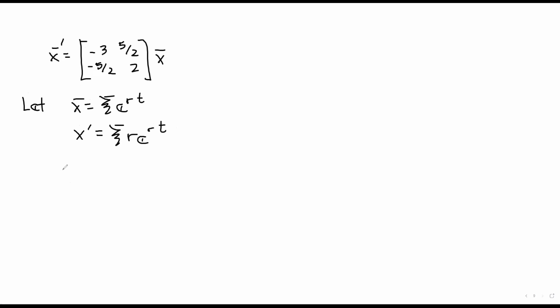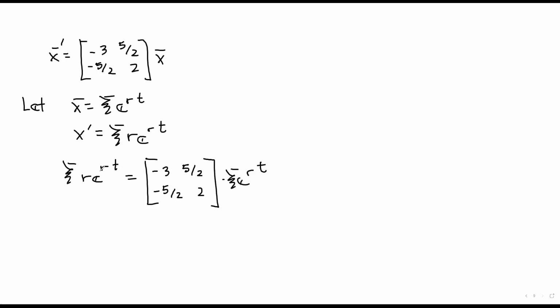Take these, plug them in. You get xi r e to the rt equals the matrix -3, 5/2, -5/2, 2 times xi e to the rt. The e to the rt's cancel. This is the eigenvalue eigenvector problem.